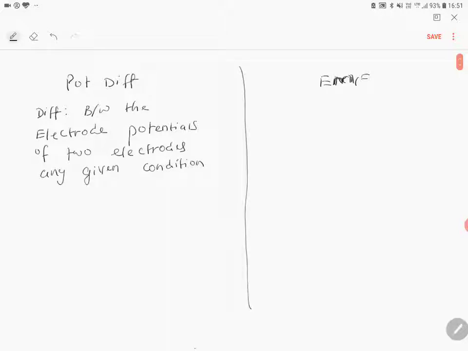Whereas EMF is the potential difference between the two electrodes of a cell when no current is flowing in the circuit.